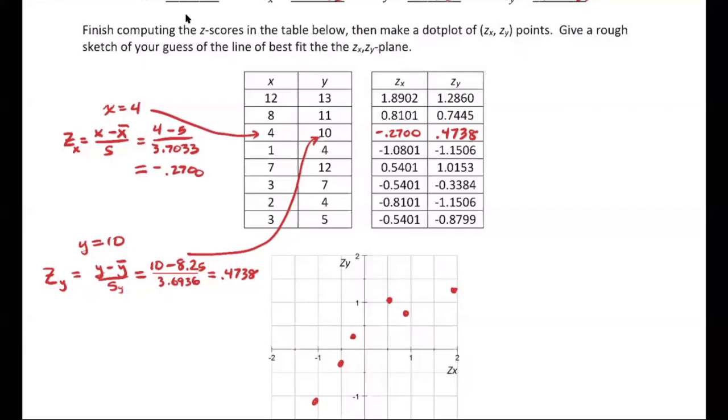And then a negative 0.81. And negative 1.15. I'll do like that maybe.